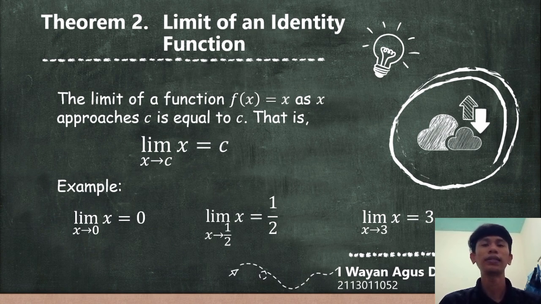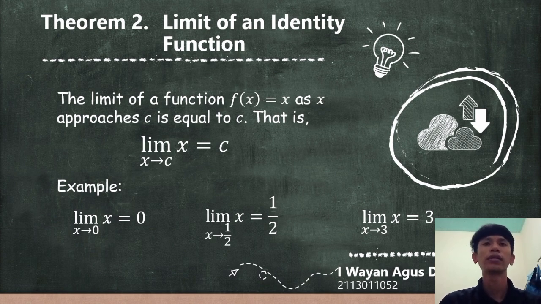The limit of x as x approaches 3 is equal to 3. So, if you are given an identity function f of x equals x, or y equals x, the limit of x as x approaches c is just equivalent to the value of c.